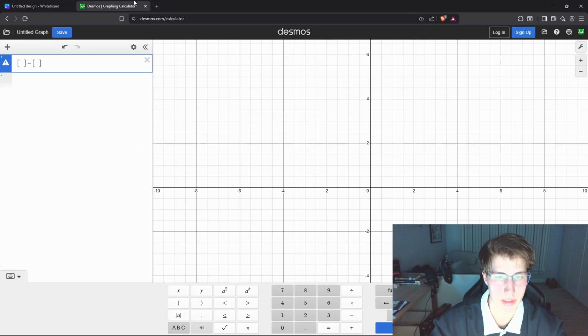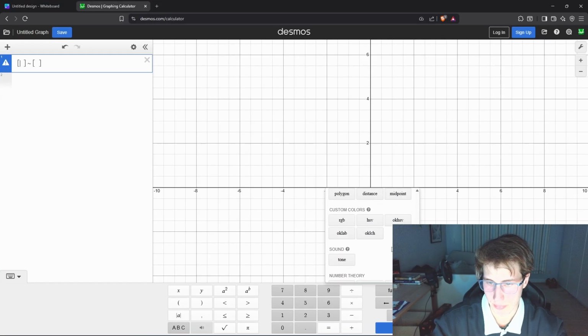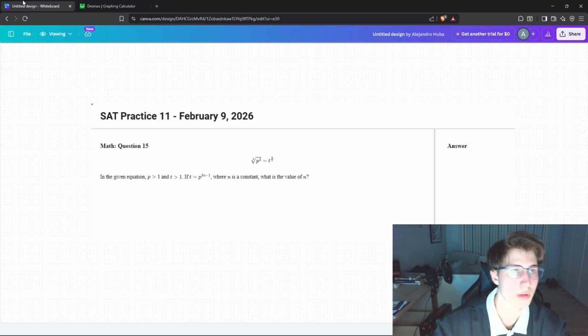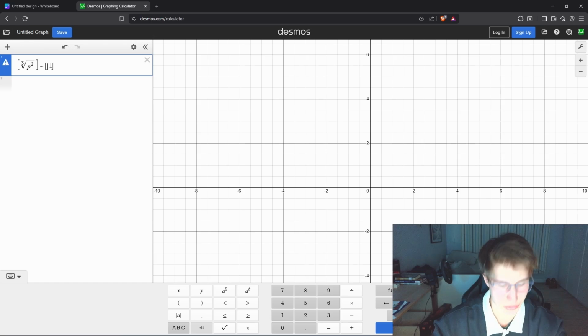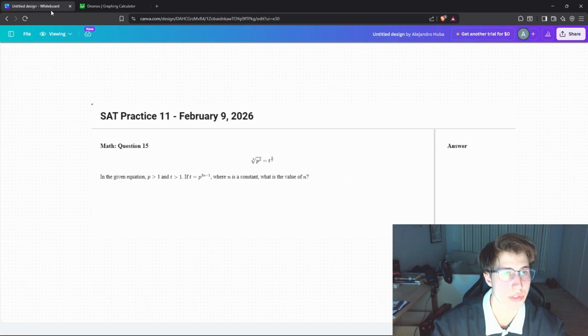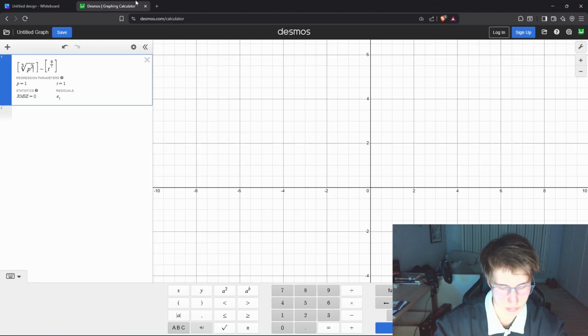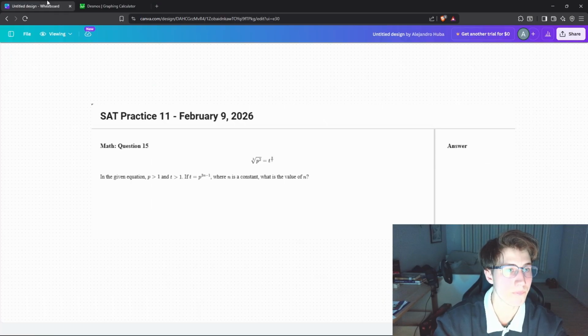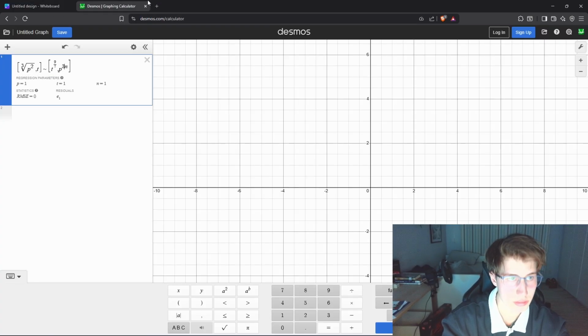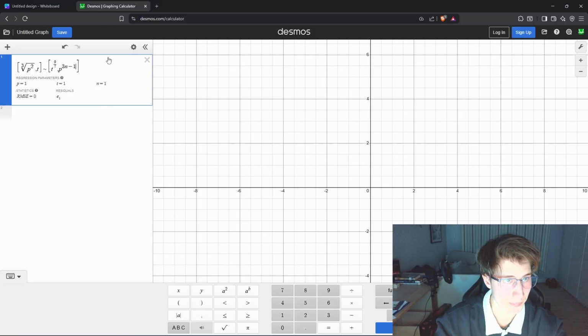And we're going to say that the cube root of p squared is equal to t to the 9 over 7. And we're also going to say that t, right here, t is equal to p to the 3n minus 1, right here.